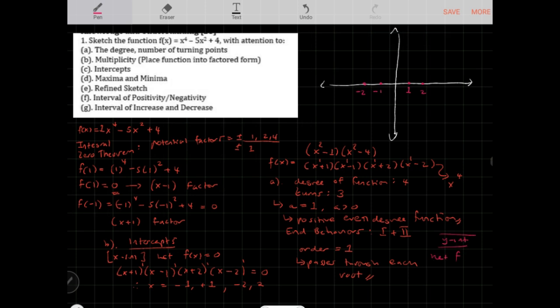So I'm going to let x equal 0, so f of 0, and in this case I'll just use my original function. You can see that you get 0 to the power 4 minus 5 times 0 squared plus 4, so this is going to give us 4. Okay, so (0, 4) is our y-intercept, so let's say it's up here somewhere.